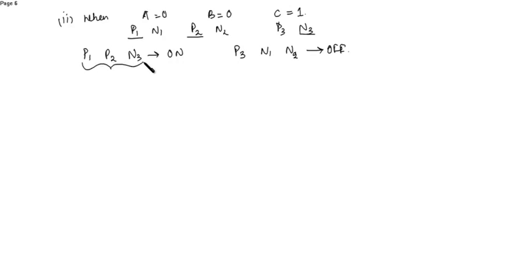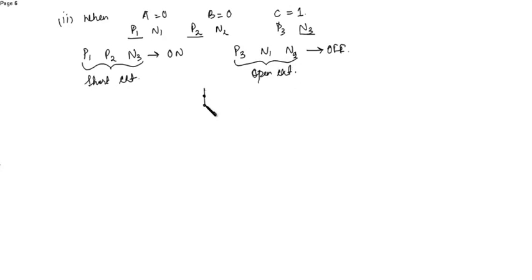So P1 and P2 will be short circuited, and P3 will be open circuited.